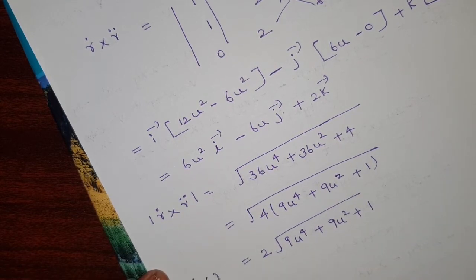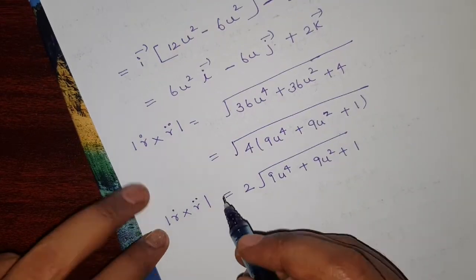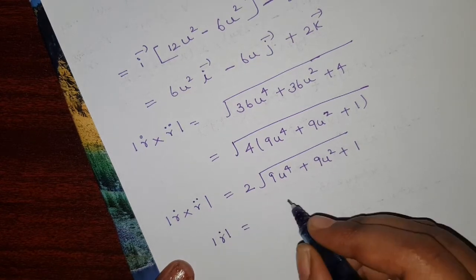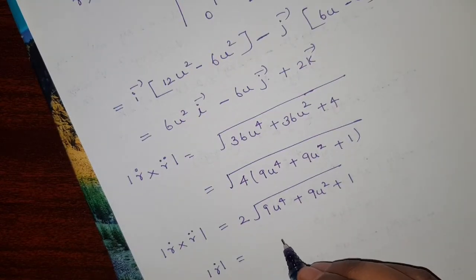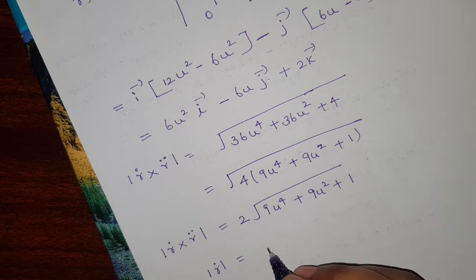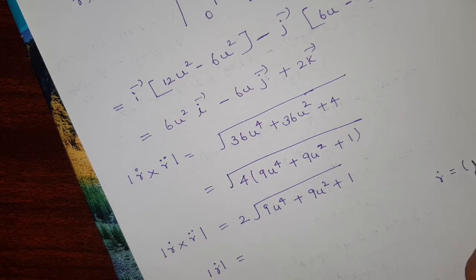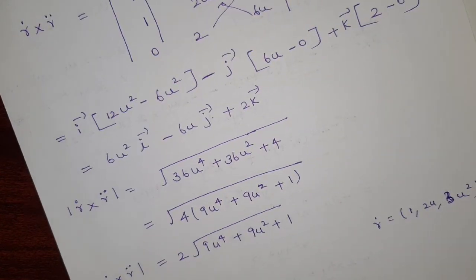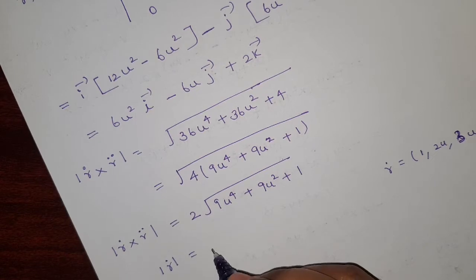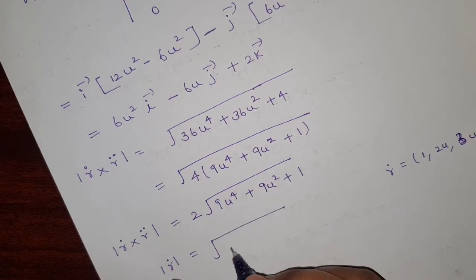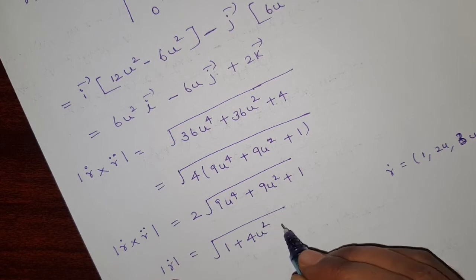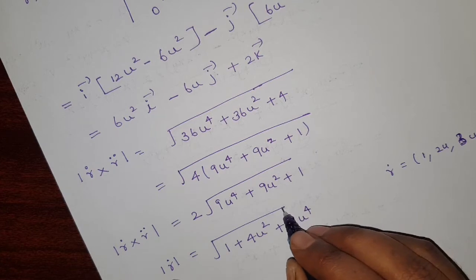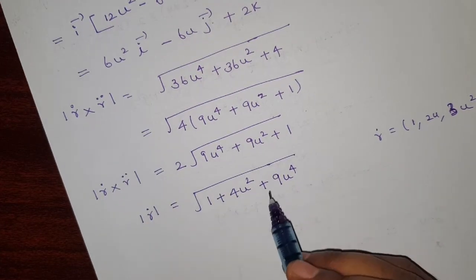This is the value of modulus of r dot cross r double dot. Then we want to find the modulus of r dot. The value of r dot is 1, 2u, 3u square. Taking the modulus, it becomes the square root of 1 plus 4u square plus 9 u power 4. This is the modulus value.